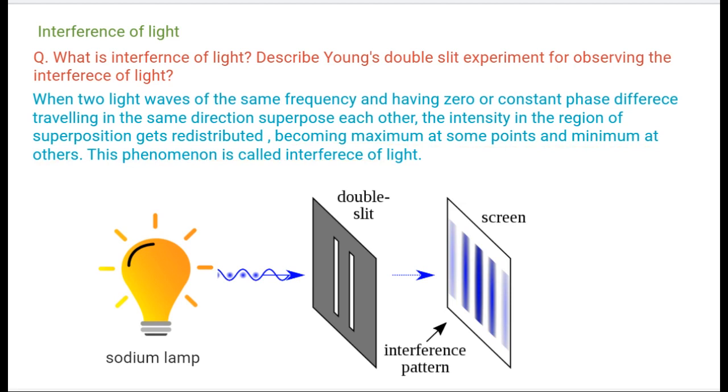So what happens in interference of light? There are two light waves. Suppose this is one light wave and this is another light wave, having the same frequency and zero or a constant phase difference.